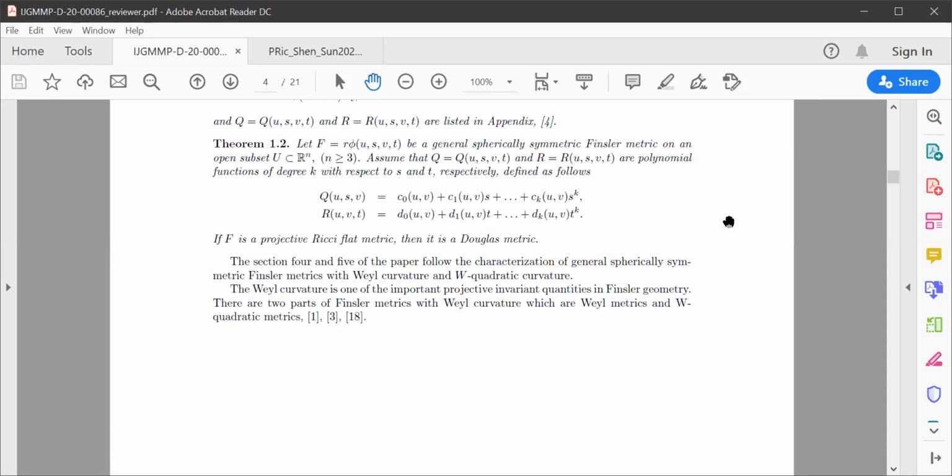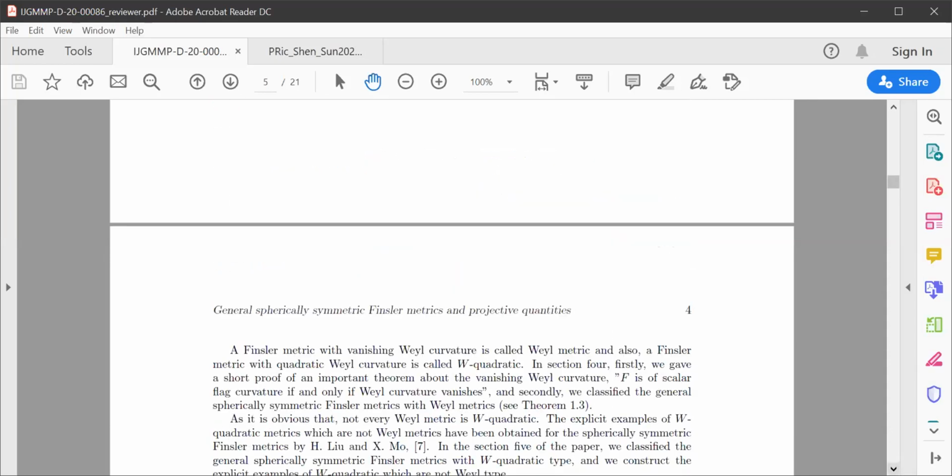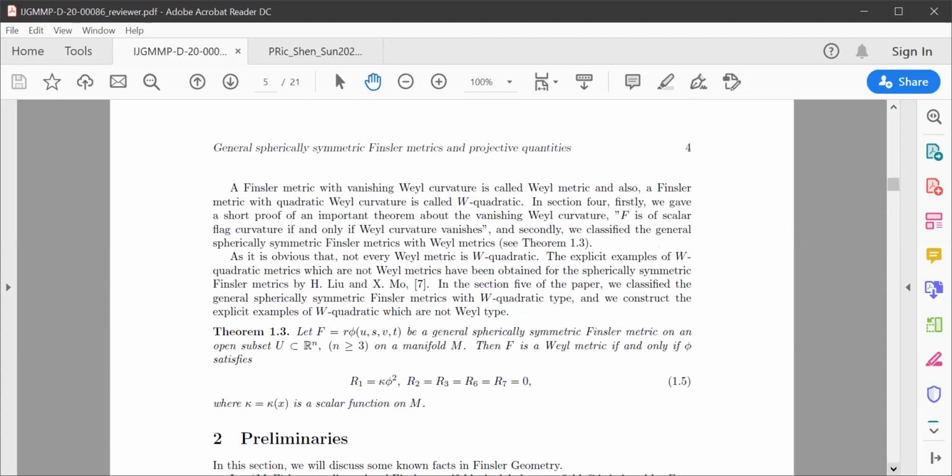Yeah. So then the section jumps to, I don't know why they put 2 topics together in this paper. If we focus on project Ricci-flat, then we don't need to focus on Weyl curvature tensor, because they're totally different types of geometry conditions. So it says that the general spherical metric is a Weyl curvature metric if and only if phi satisfies equations.